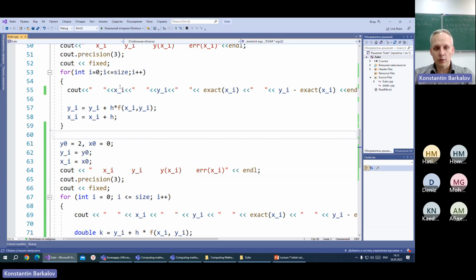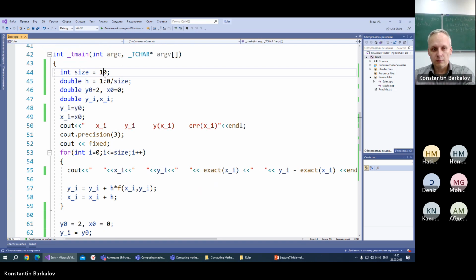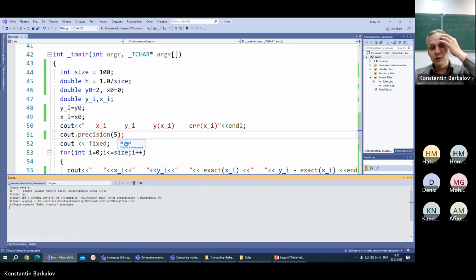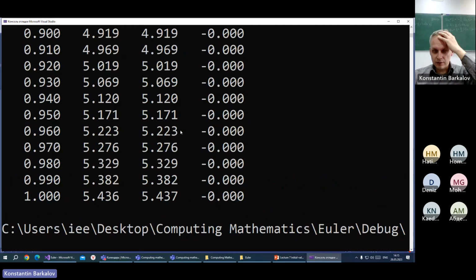Let's compare it for 100 points. And let's set precision equal to 5. 100 points. Or it's not enough.